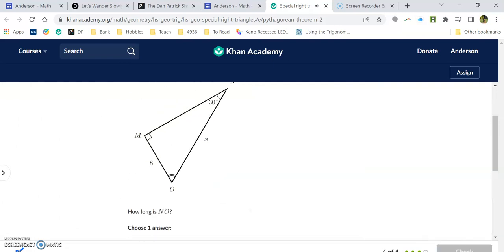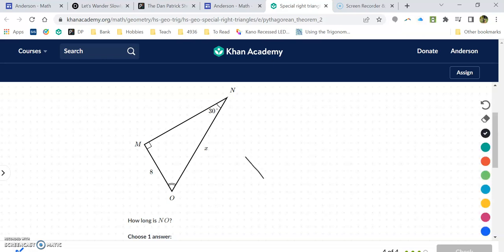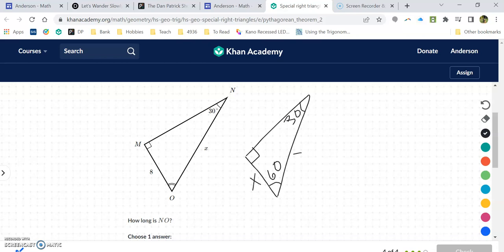Okay, one more. 30, 60, 90 again. So draw a triangle that matches up with it. Remember, opposite 30 is x, our hypotenuse is 2x, and opposite 60 is x square root 3. Match up what we know over here.